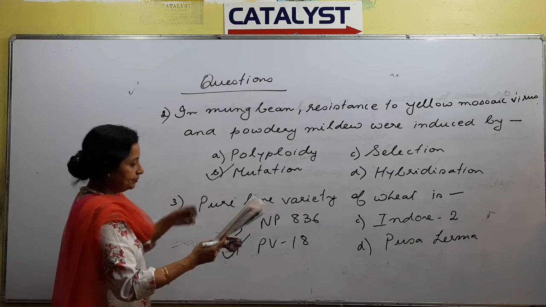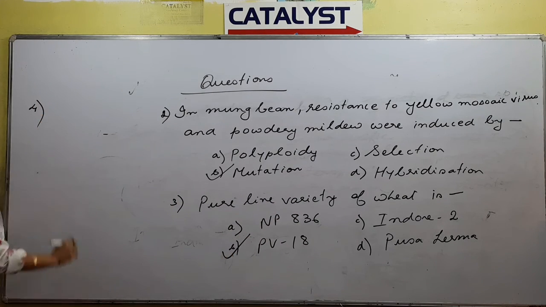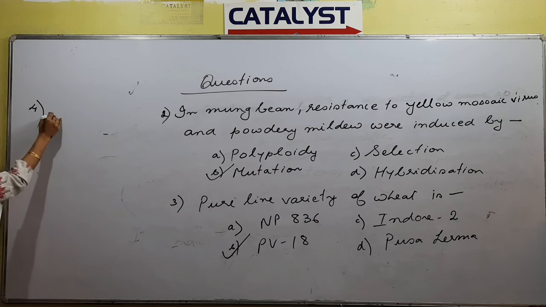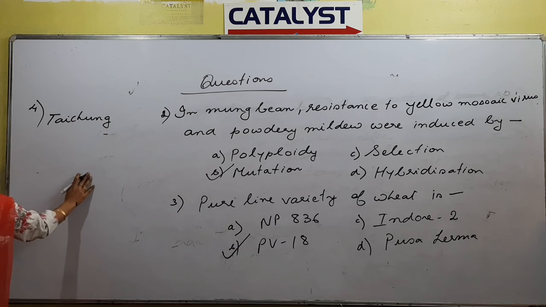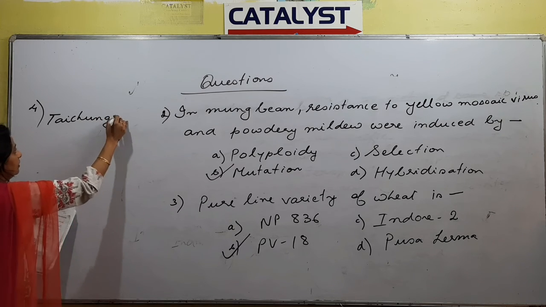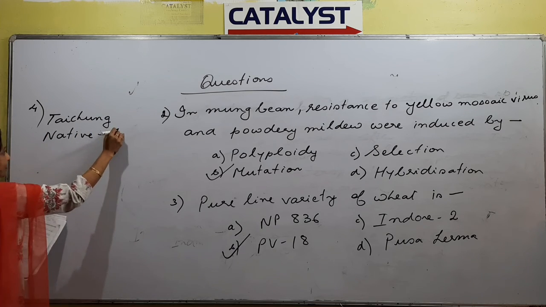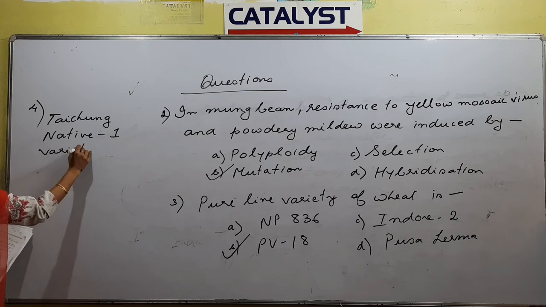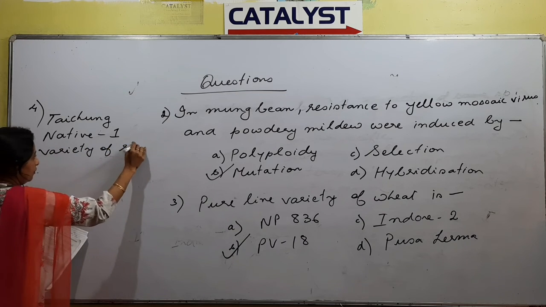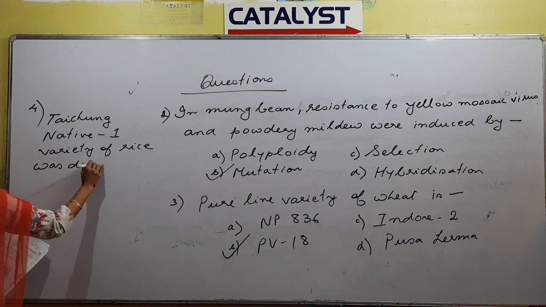The next question is number 4. Tysome native 1, this is a variety of rice was developed in.